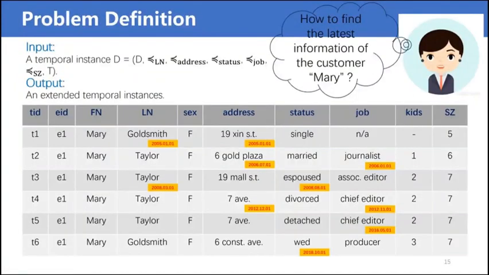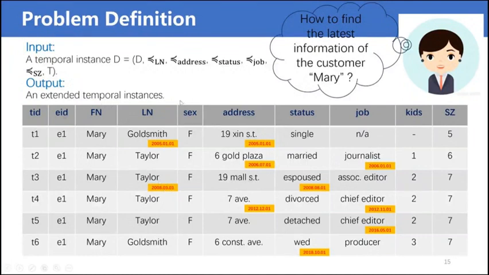Okay, now I will define our problem. Given a temporal instance D, which is also the original table, we also define some attributes that should have timeliness, such as last name, address, status, job, and shoe size. We also have some timestamps, where the yellow ones are a set of existing timestamps.